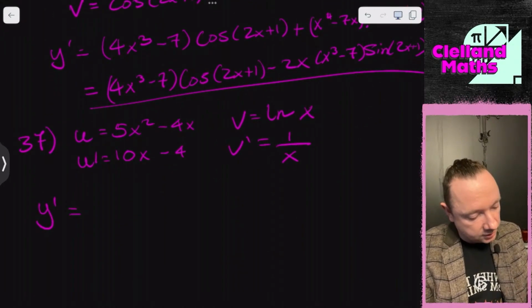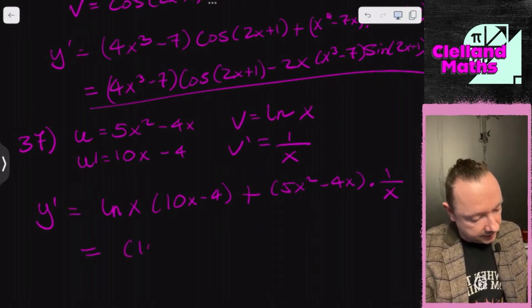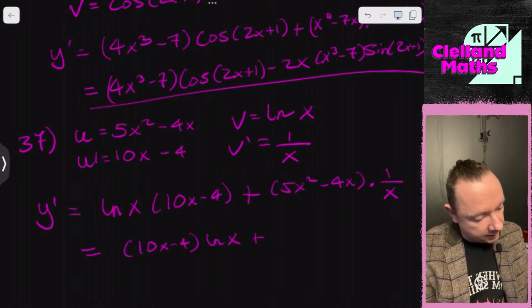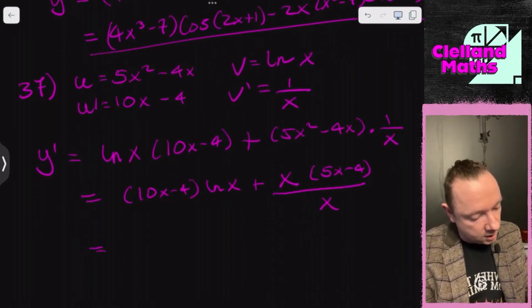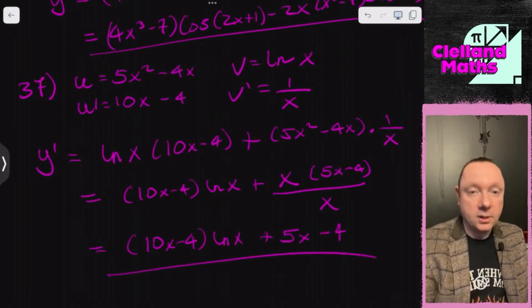So y dash is vu dash, log x (10x minus 4), plus uv dash, which is (5x squared minus 4x) times 1 over x. So that's (10x minus 4) log x plus, well, let's take x out as a common factor here, (5x minus 4) over x, because the x's are going to cancel, which is nice and cool. (10x minus 4) log x plus 5x minus 4, and we're done there.